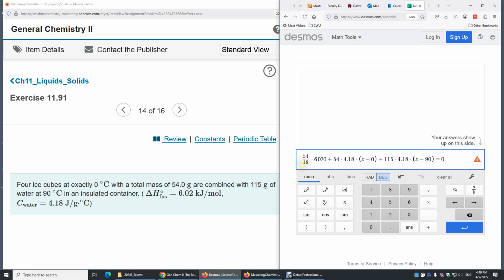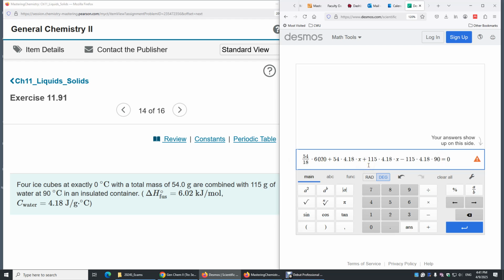Let me show you how to solve this equation. It contains only one variable, and therefore we can definitely solve this. We'll clean this up. This is just X. Over here there are 2 parts. So we have this times X, and we have this times 90. Now I'm going to remove the parentheses.